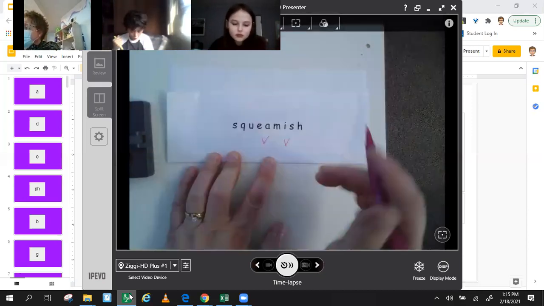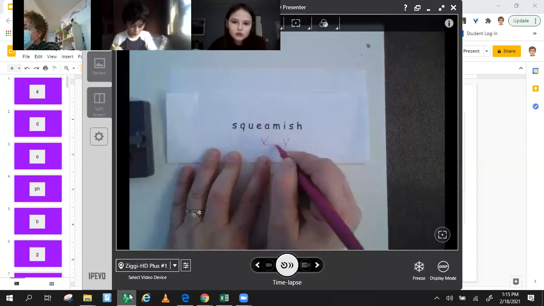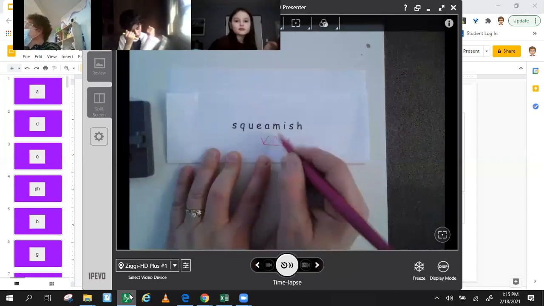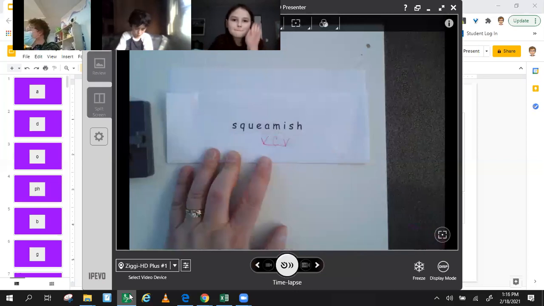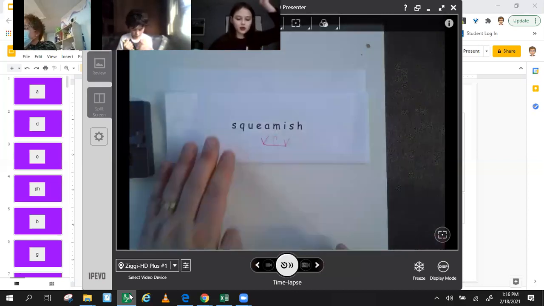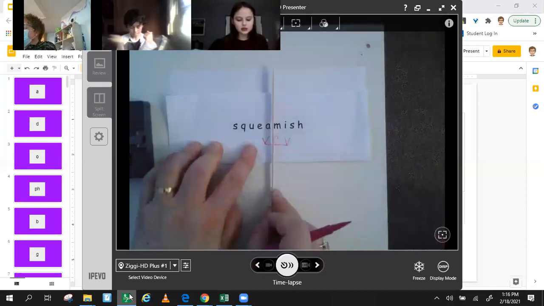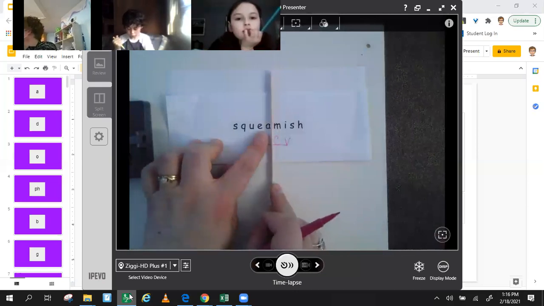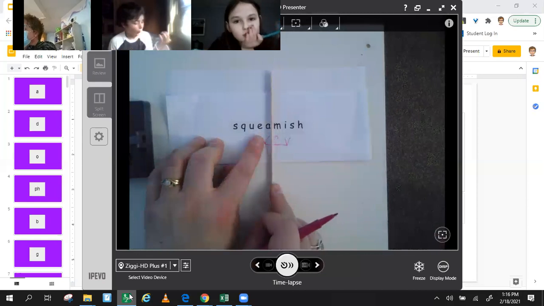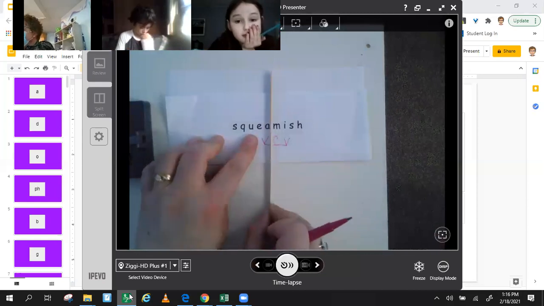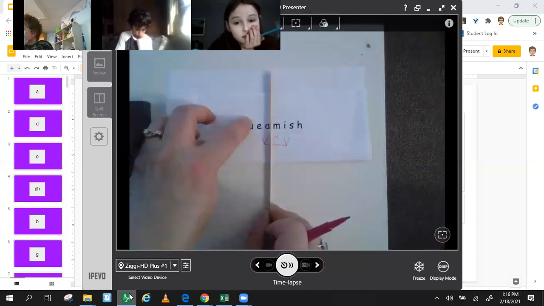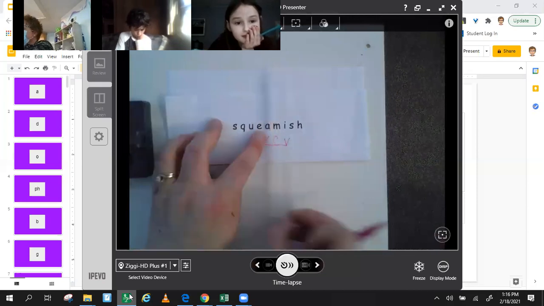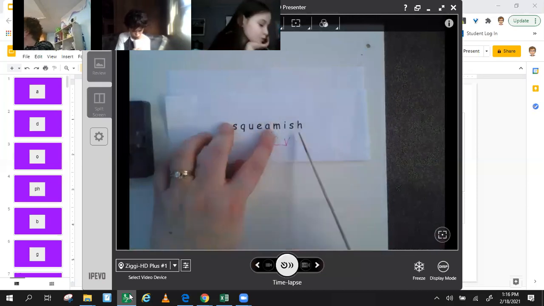So here we have our bridge. Here we have our C for the M. Here we go. Now, we know that these two letters are going to do what? They're going to say E, right? EA is going to say E. So if I put it here, I'm going to have squee, and then mish.